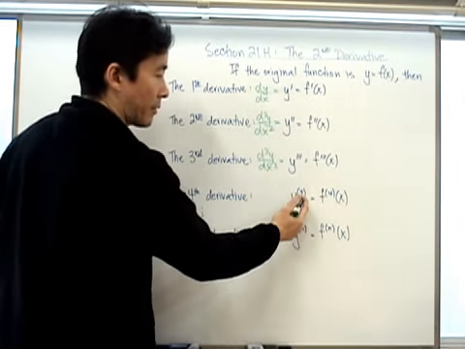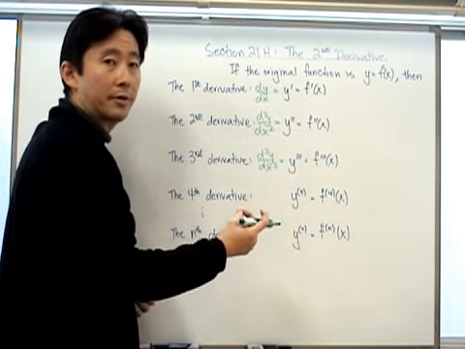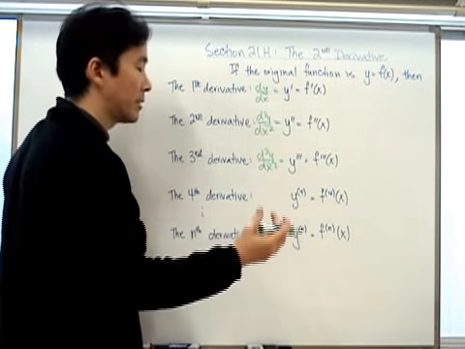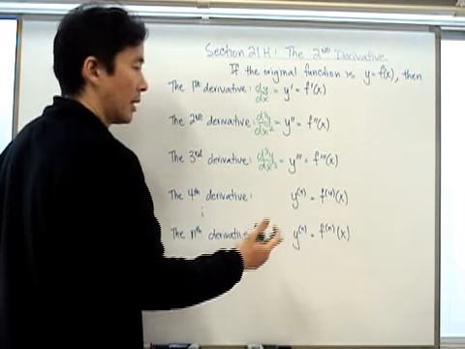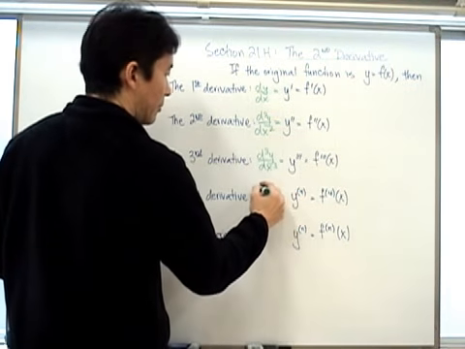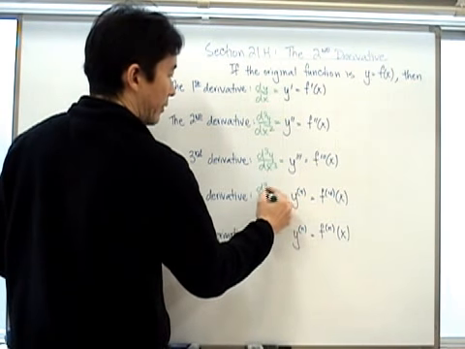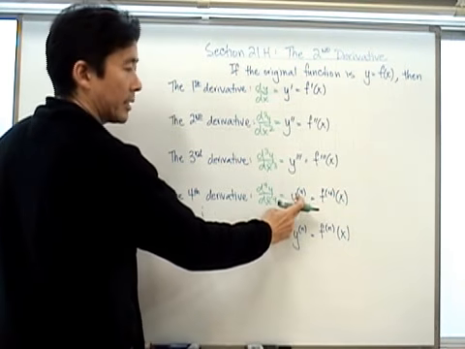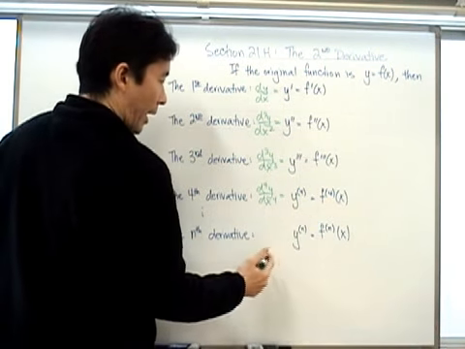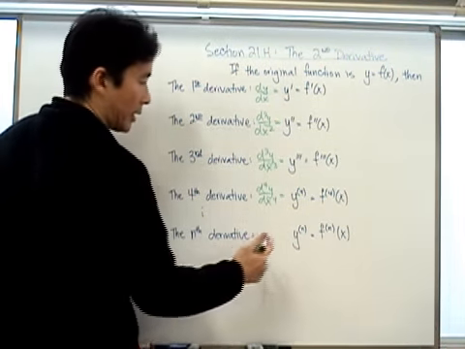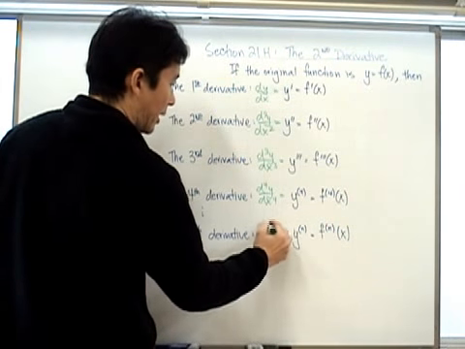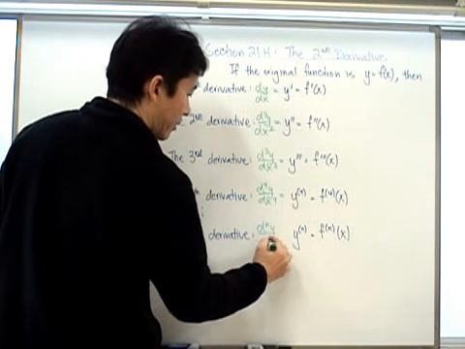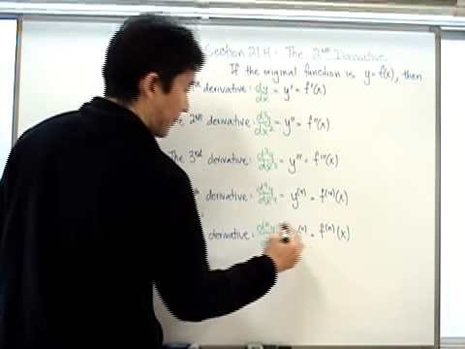Of course, if we don't have the parentheses there, then it looks like y to the fourth, which is a completely different concept. So this here would be the fourth derivative of y with respect to x, which is written this way and this way. And of course, we could continue on, and we could say that this would be the nth derivative of y with respect to x.